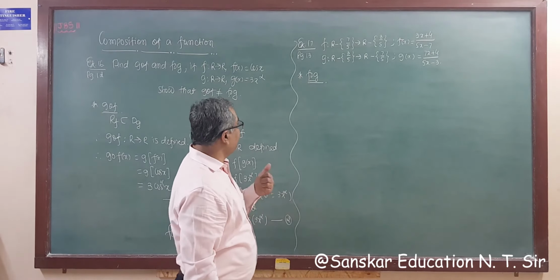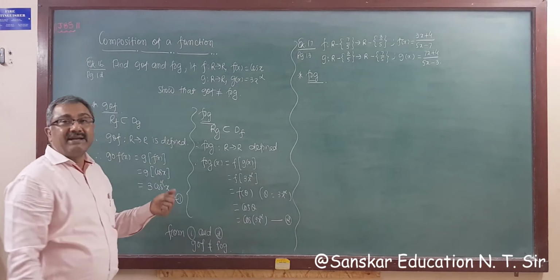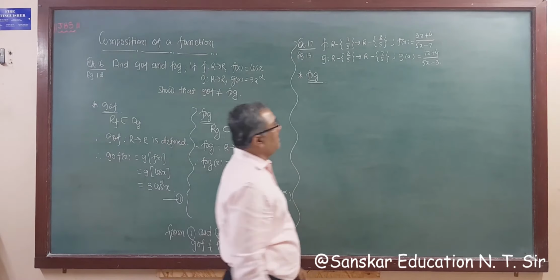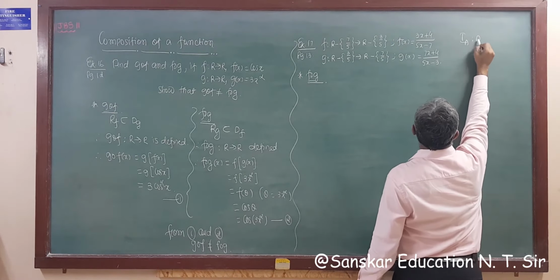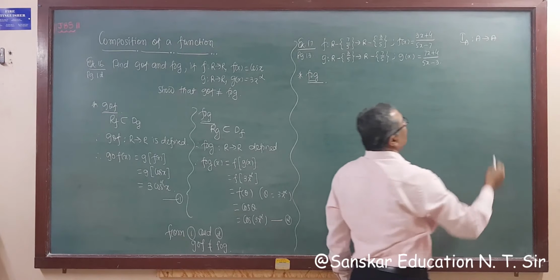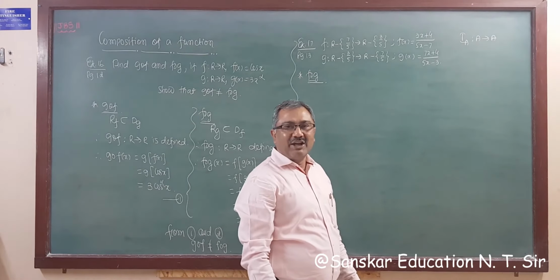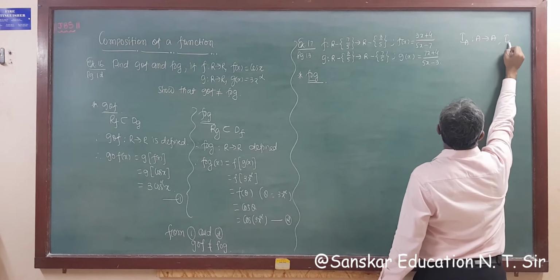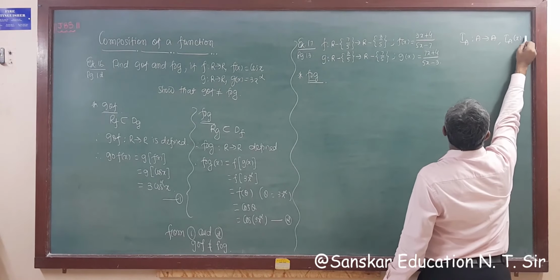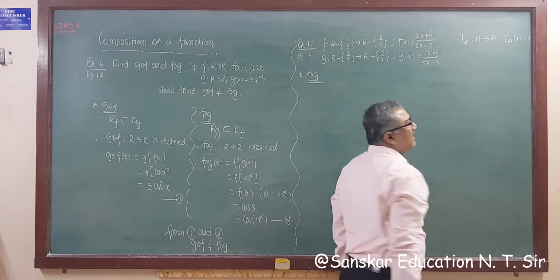Now one thing, I A is the identity function we learned in 11th standard, right? A function with the same domain and range, A to A, is called an identity function, and the answer of this is I A of x is equal to x.